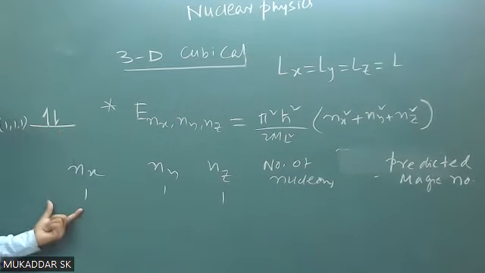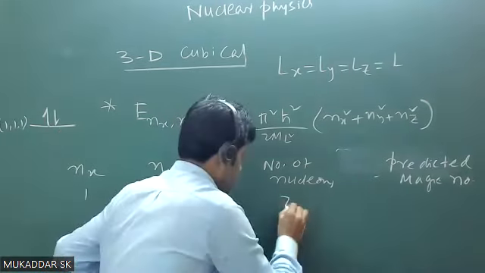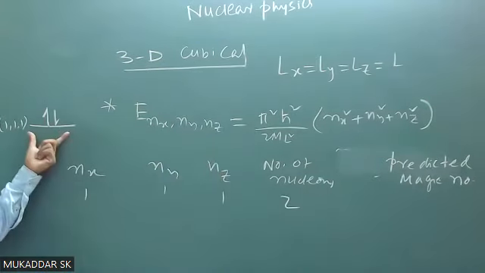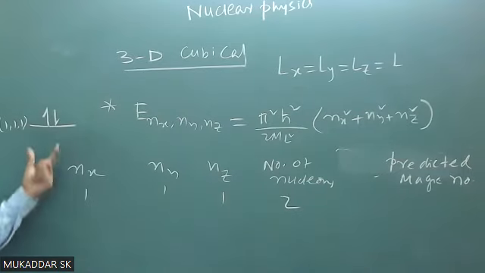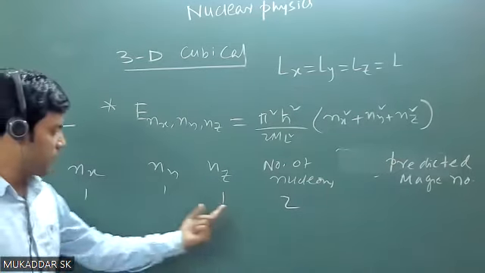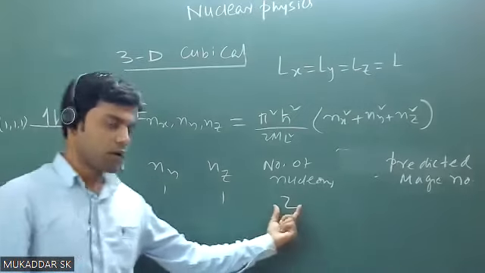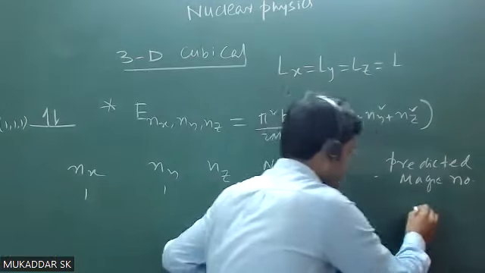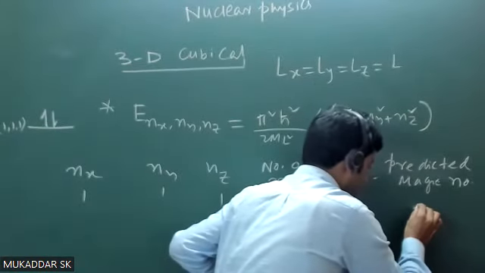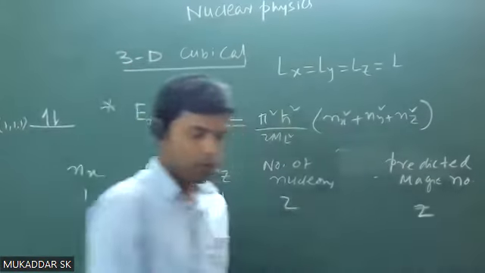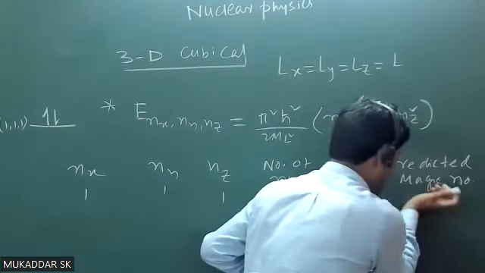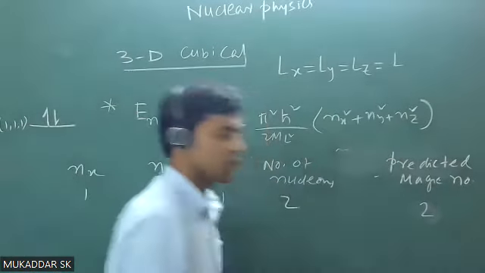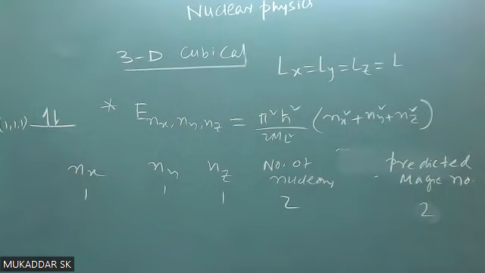So the first state is non-degenerate, and 2 nucleons can stay. This will be a closed shell, and the magic number will be 2. So the first predicted magic number according to the cubical box will be 2, corresponding to your ground state.